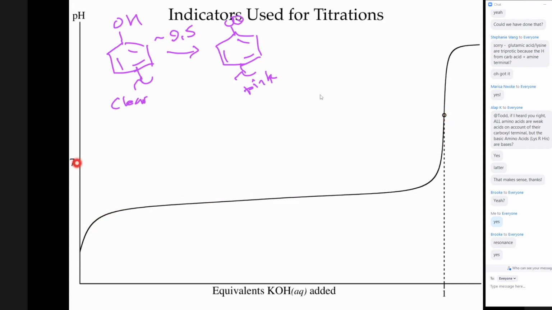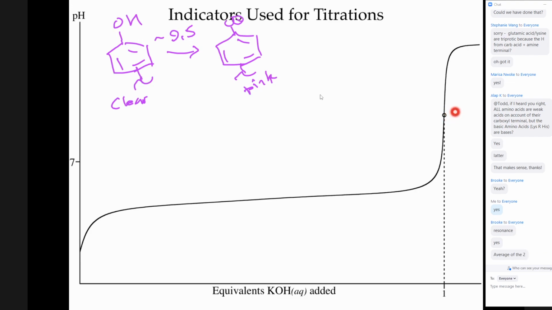But when it goes up to here, if this is 7, this is around 9.5, is 9.5 where it's going to be clear, pink, or an average of the two? Average. So what happens is the solution is clear, clear, clear, clear, clear, and all of a sudden you get a slight change. And so right there, at 9.5, that's where it's kind of half and half. So is it gradually going from the clear form at lower pH to the pink form at higher pH?